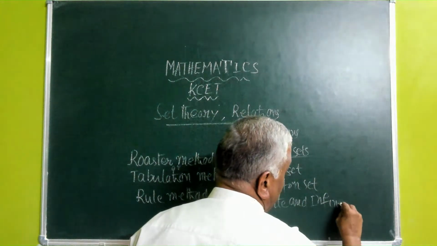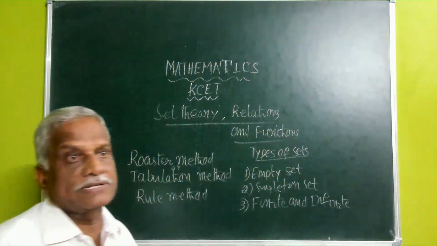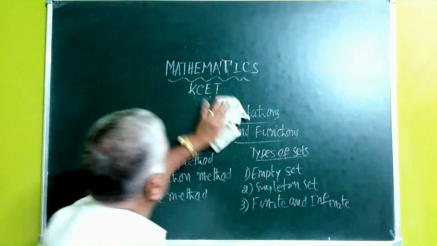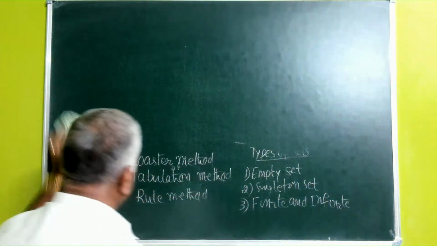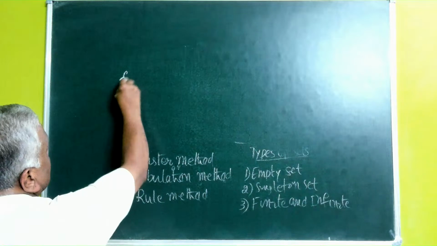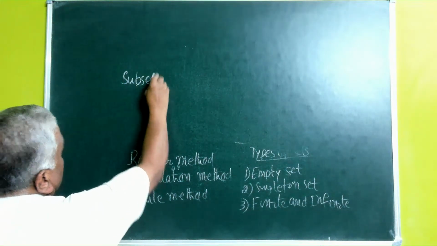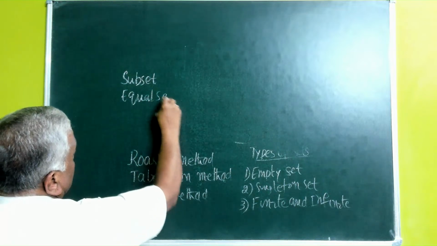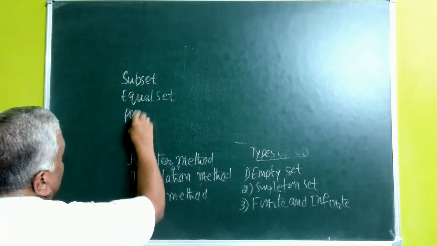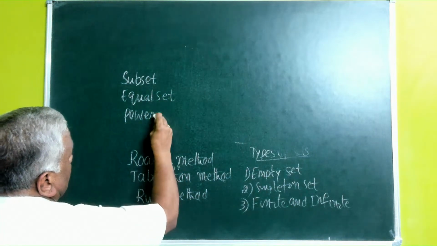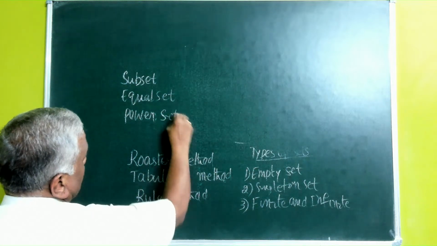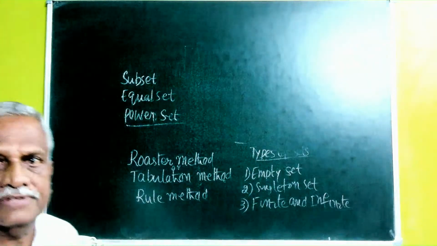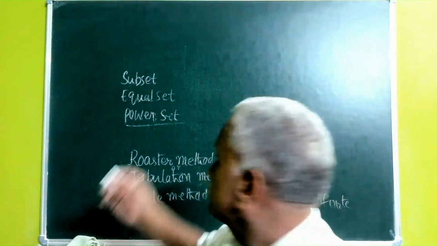These are all very familiar things for you, but still I am listing them. Then we have what is called subset, equal set, power set. All these things are familiar to you. I'll just talk about power set.